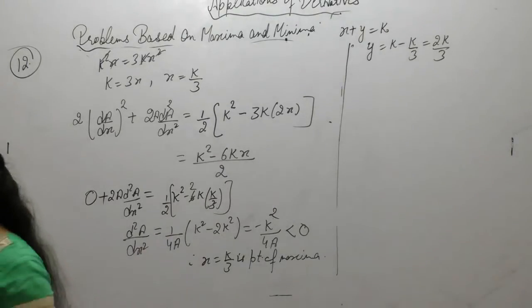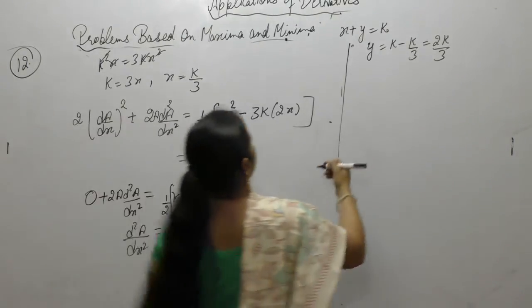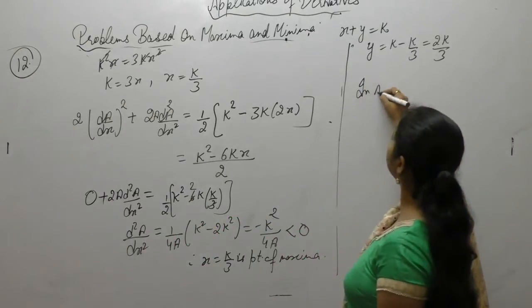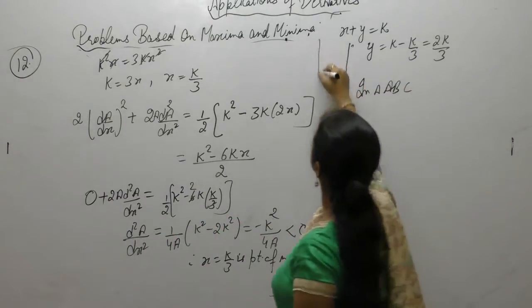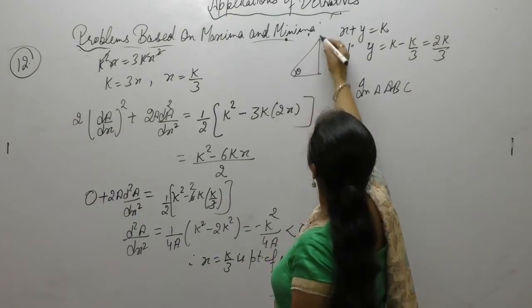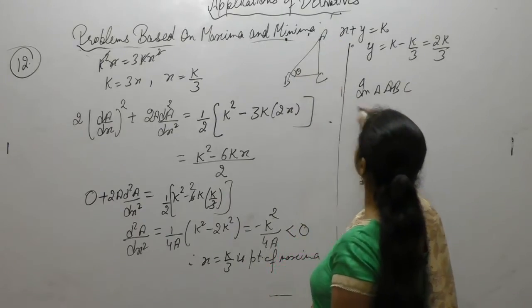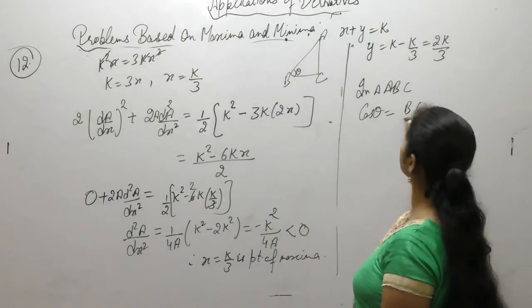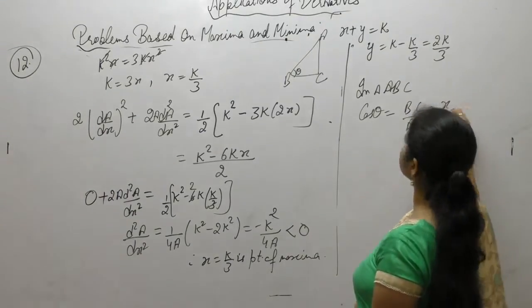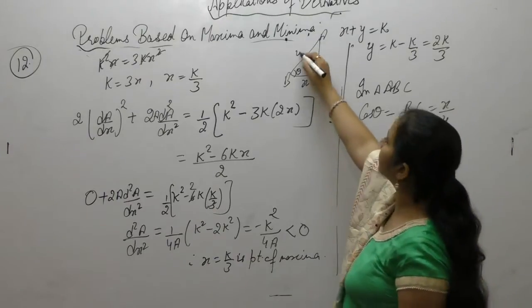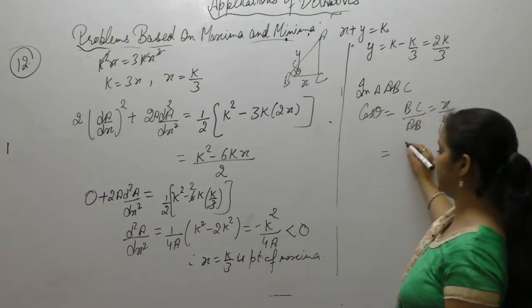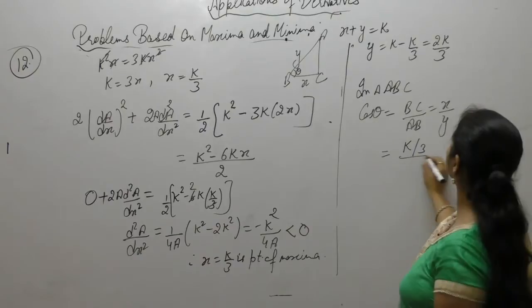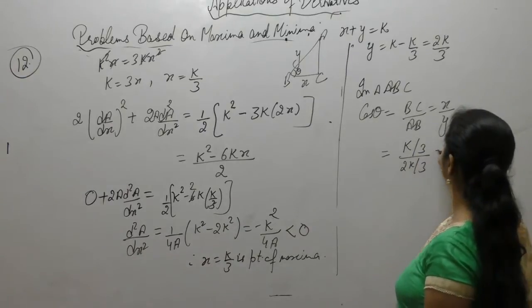We have to find the angle in the triangle. ABC, the triangle we had taken. This is angle theta ABC. Cos is base upon hypotenuse. Base was x and hypotenuse was y. So x is k by 3, y is 2k by 3.